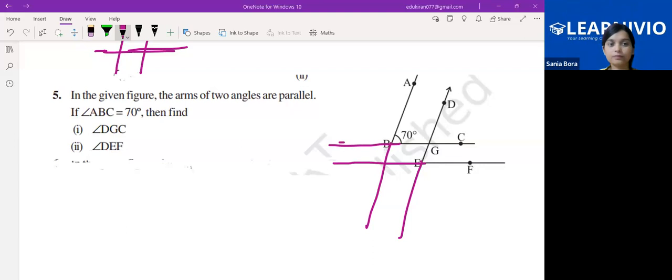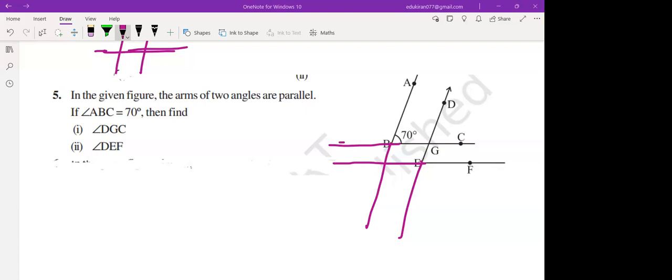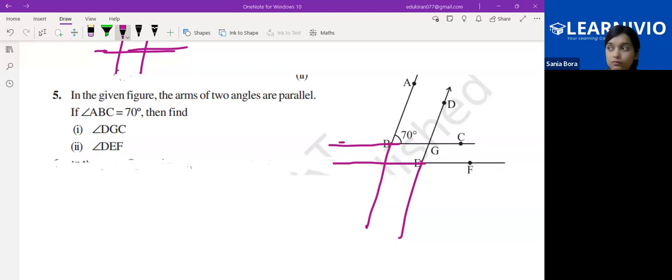Ma'am, we have to subtract 70 from 90, right?